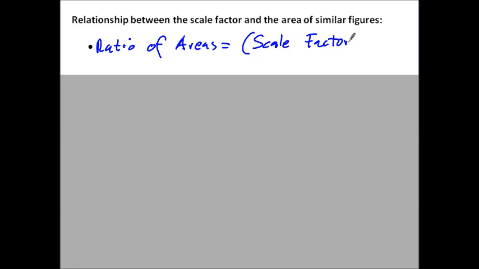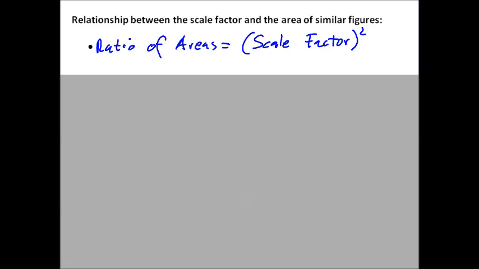The ratio of the areas is equal to the scale factor squared. And if you think about it, an area has 2 dimensions, and so the scale factor also has to be raised to the second power, has to be squared.